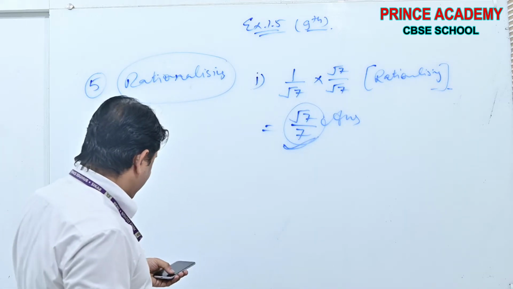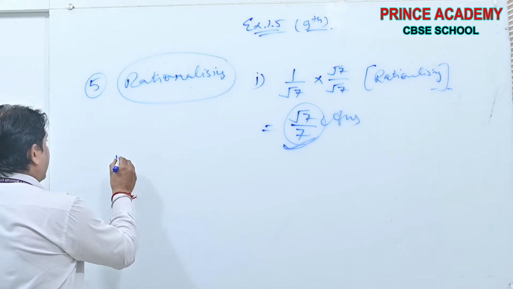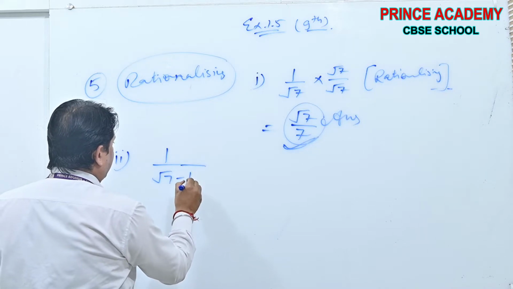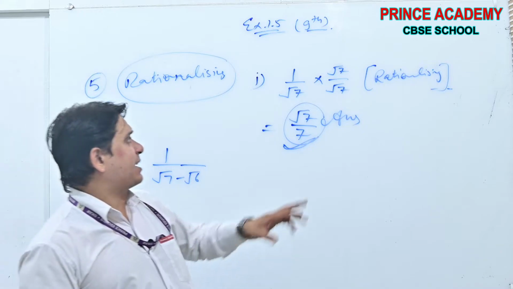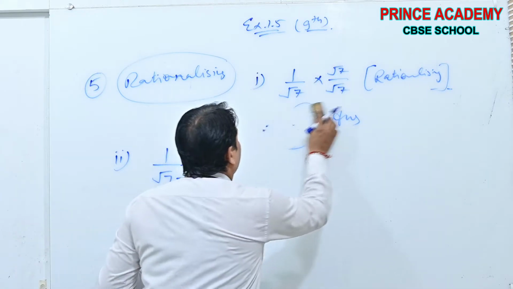See part second. The second part is 1 by root 7 minus root 6. See beta, whenever the term was single, we just multiplied with it and divided by it. Okay, done.